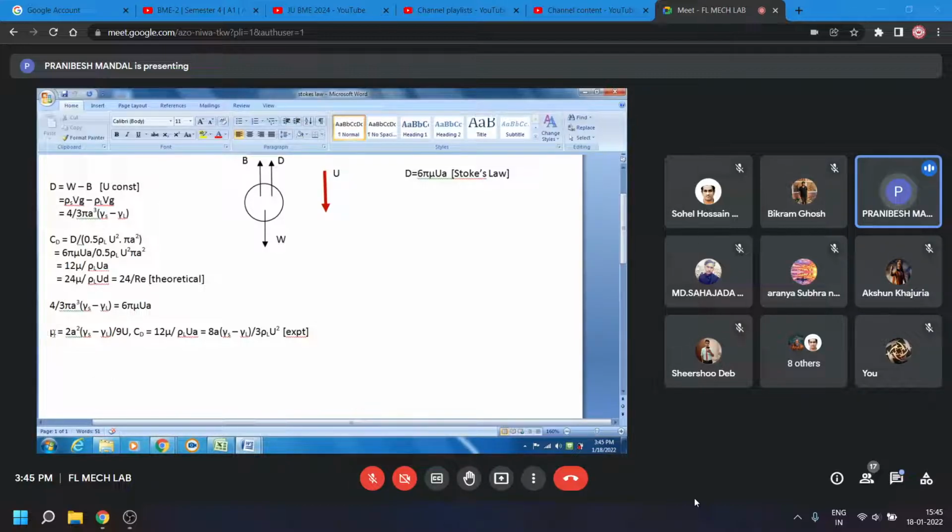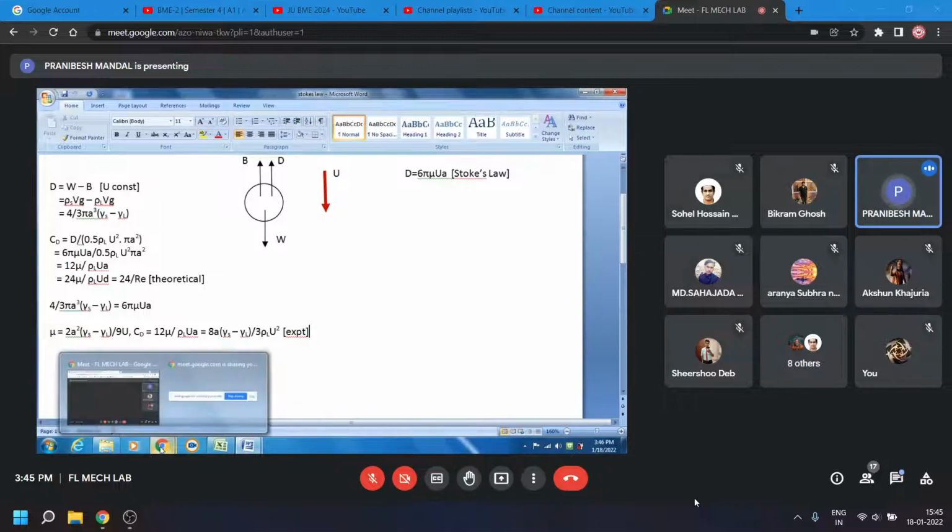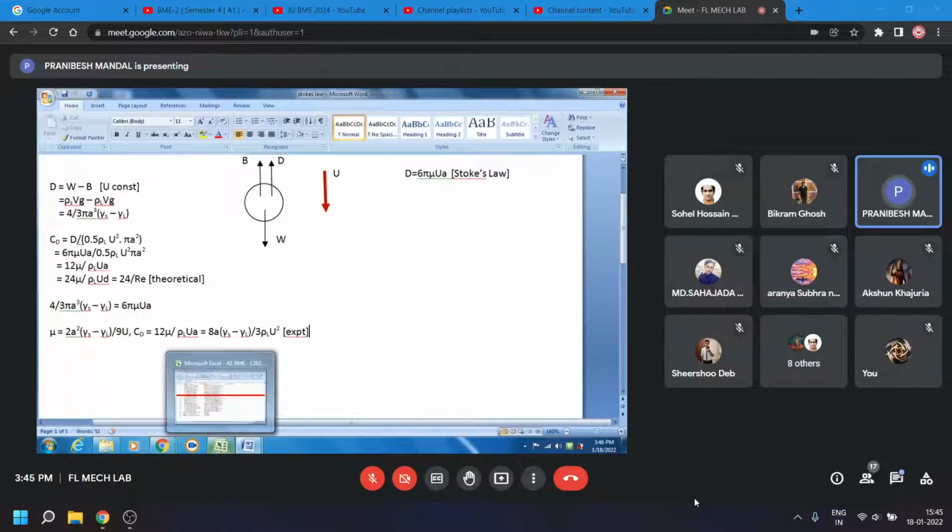So I can even compare this mu with the actual mu even in the internet or in the chart. I can also say that this mu has come from the Stokes law, right? Because you have compared this drag with this Stokes law, and from there the value of mu actually came, right? Yes, sir.